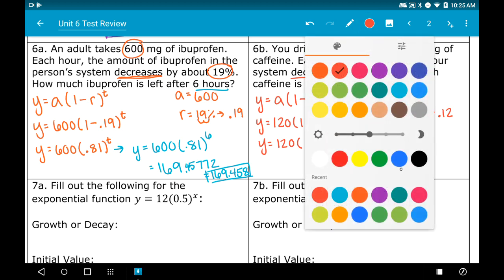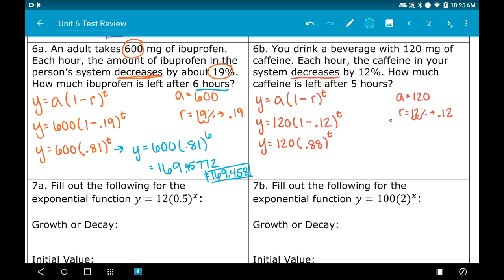Now this one wants it after 5 hours. So we're going to replace the t with a 5. So y equals 120 times 0.88 to the power of 5. And then put that in your calculator.